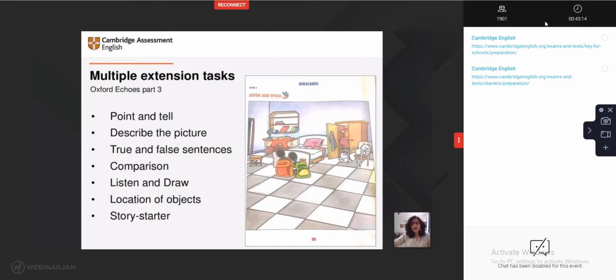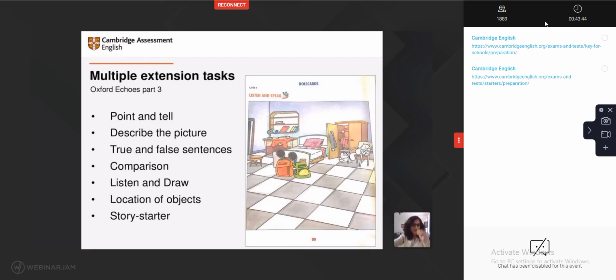Now, here, as you can see on the slide, this is a picture of a child's room. Right now, you can use the same visual to do multiple tasks with multiple language focus. So there can be a lexical focus, there can be a grammatical focus, there can be a fluency focus, there can be a comprehension focus, and I'm going to quickly walk you through these tasks.